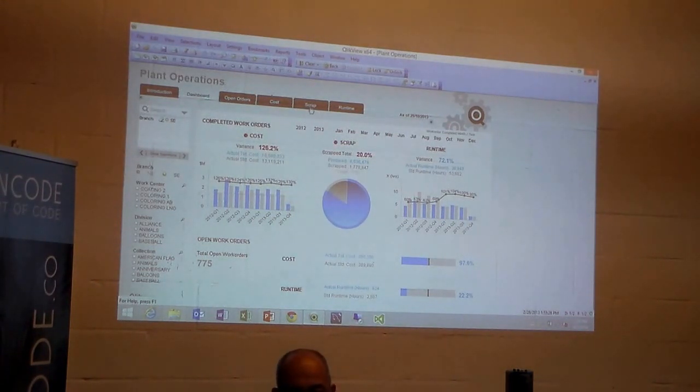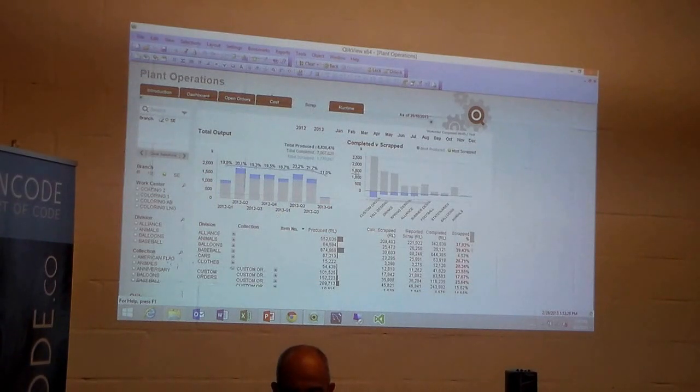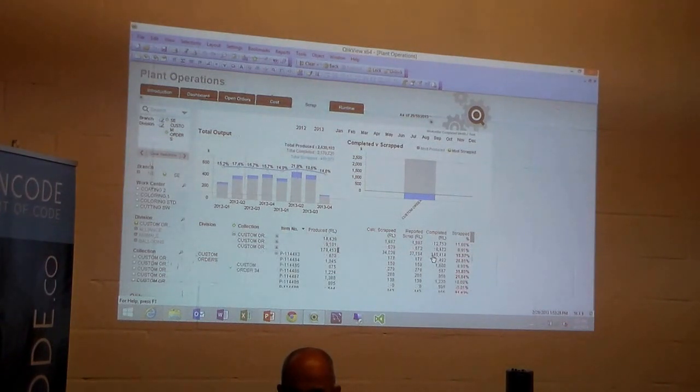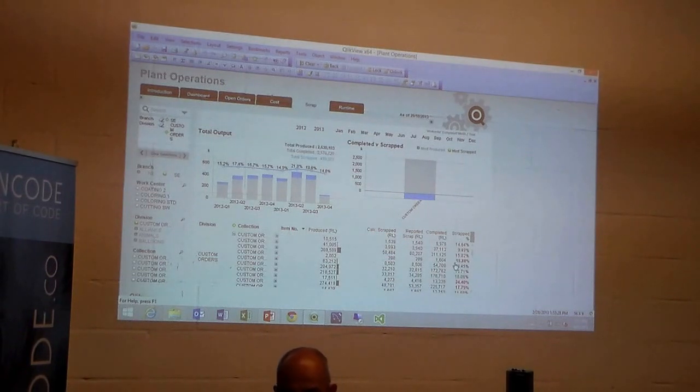So in my case, I can go into scrap, and I can look and say, it looks like the biggest scrap is my custom order. I can go in there, and then go down to see a different collection of custom order. Obviously I programmed it so that if it goes over a certain percentage, it's going to be highlighted red.